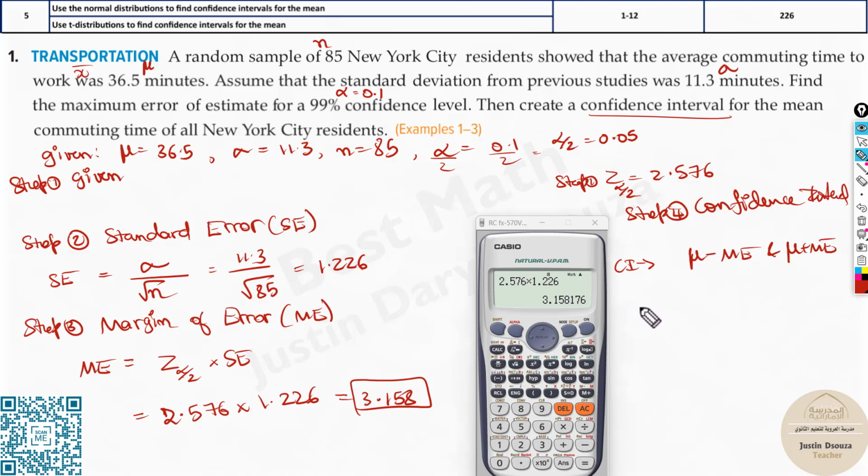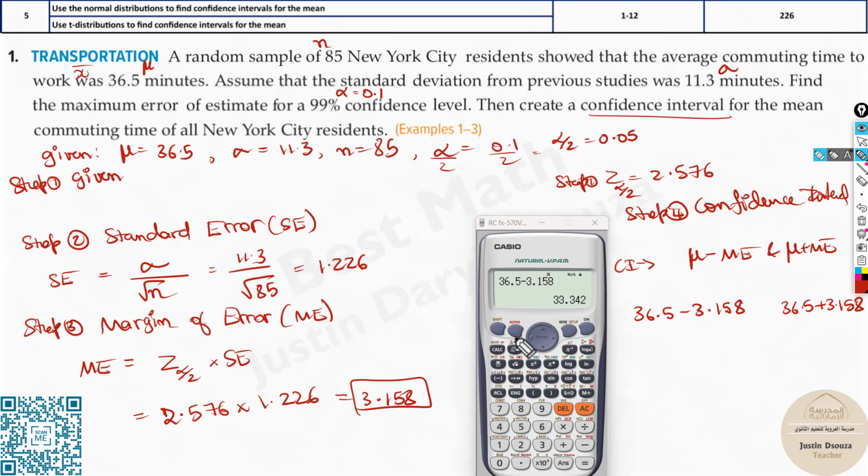So let's substitute the values now. 36.5 minus 3.158. Let's take all the 3 decimals. And the next one will be 36.5 plus 3.158. Let's find the values over here. So all we do is 36.5 minus 3.158.